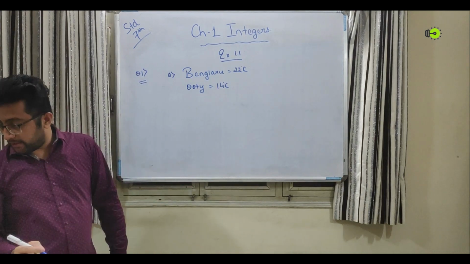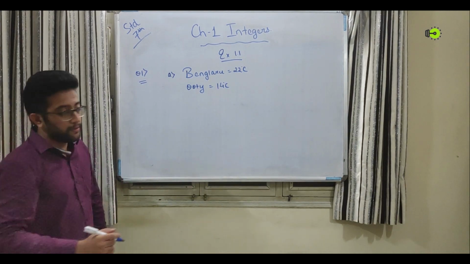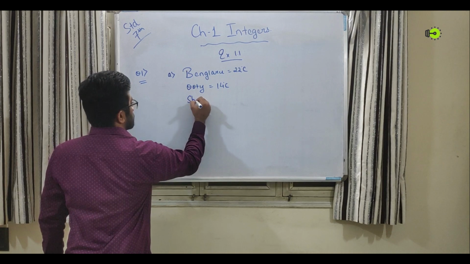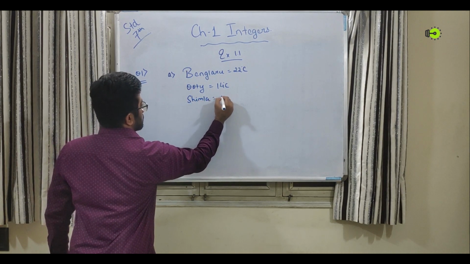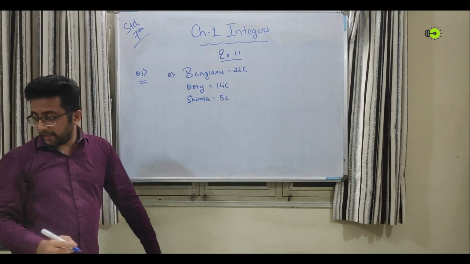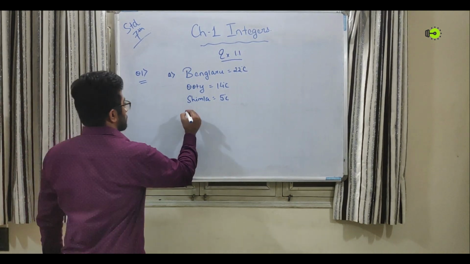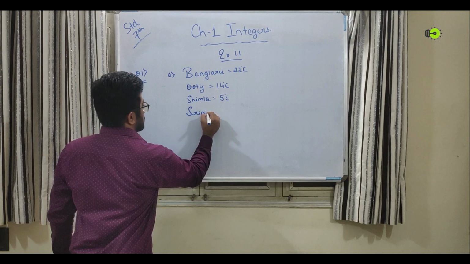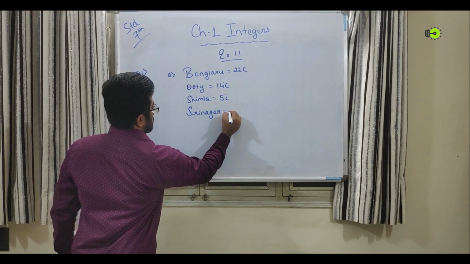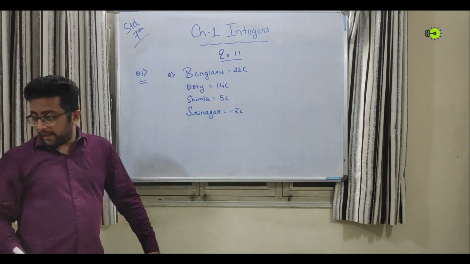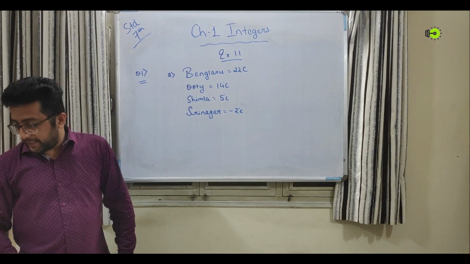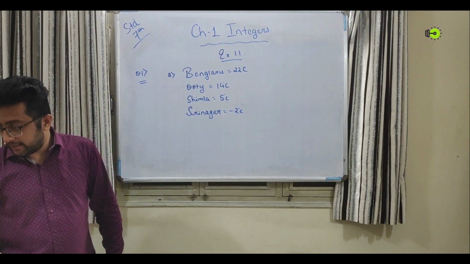Then the third one is Shimla, which is 5. Then it is Srinagar, which is minus 2 degrees Celsius. And Lahul Spiti, which is minus 8 degrees Celsius.